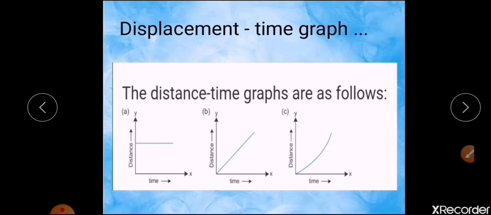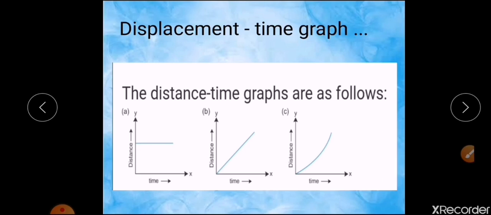See the first graph. You are getting a straight line parallel to your x-axis or your time axis. A straight line parallel to the time axis means the object is stationary. Always remember, whenever you get a displacement time graph or a distance time graph with a straight line parallel to your time axis, it means the object is stationary, it is not moving.